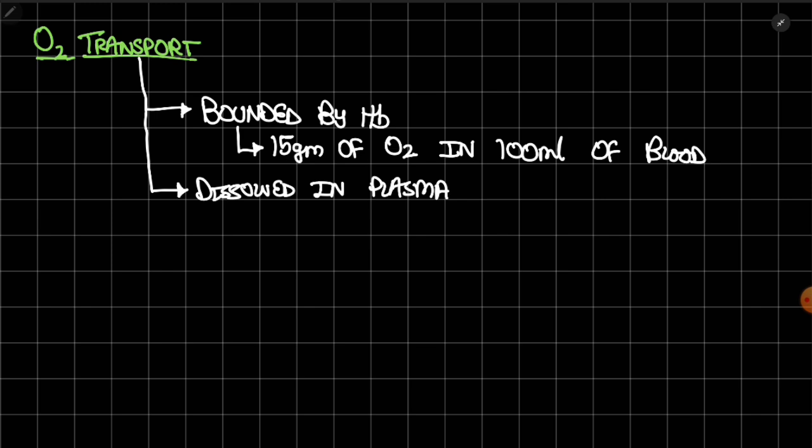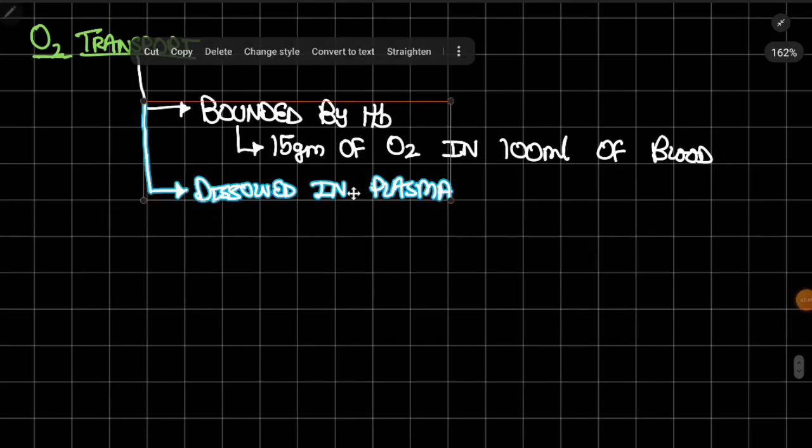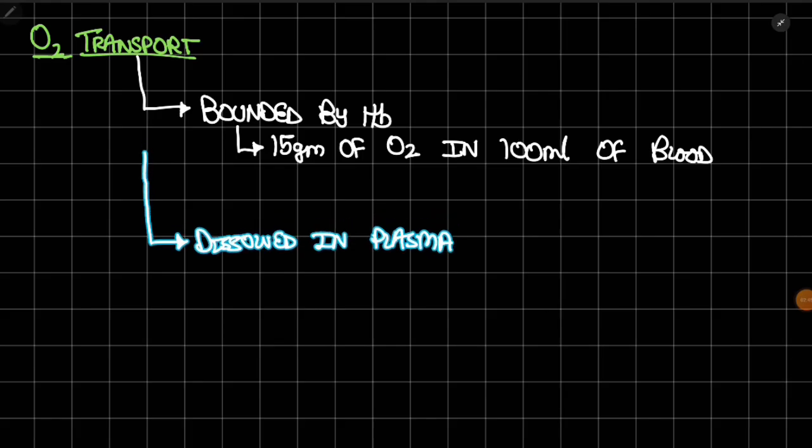So basically, to talk about the bound by Hb, 15 gram of O2 is in 100 ml of blood. Let me just mention it; I have mentioned it in an indirect way. So what is the concentration of O2 in hemoglobin?